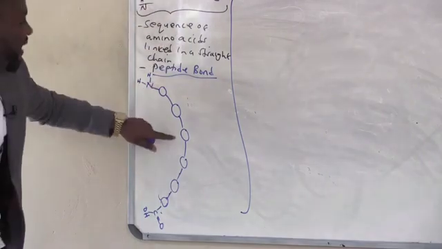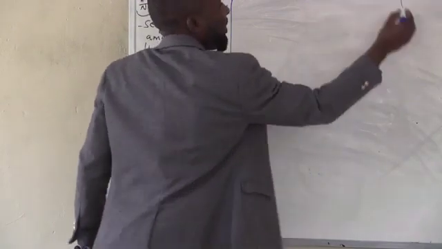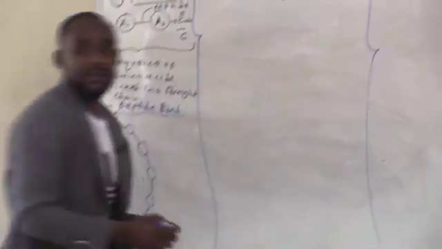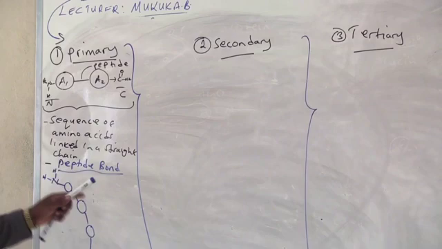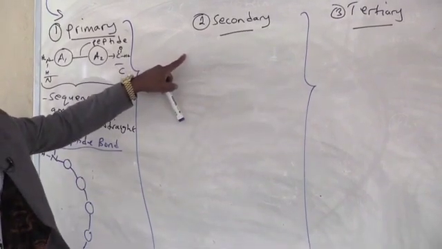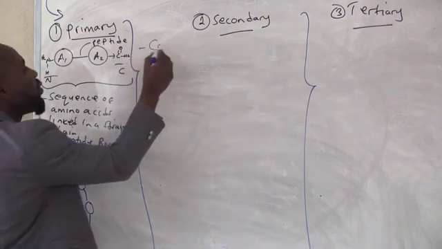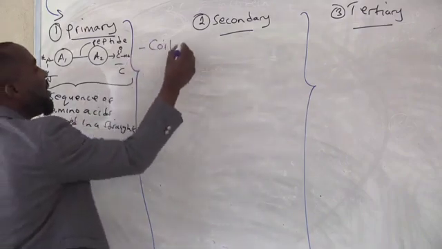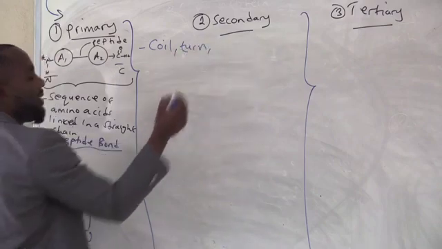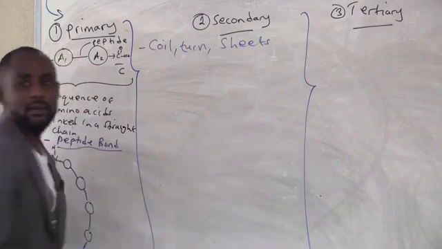How does it differ from a secondary structure? This one differs from a secondary structure in that in a secondary structure, the protein tries to coil, to turn, and even to form sheets.